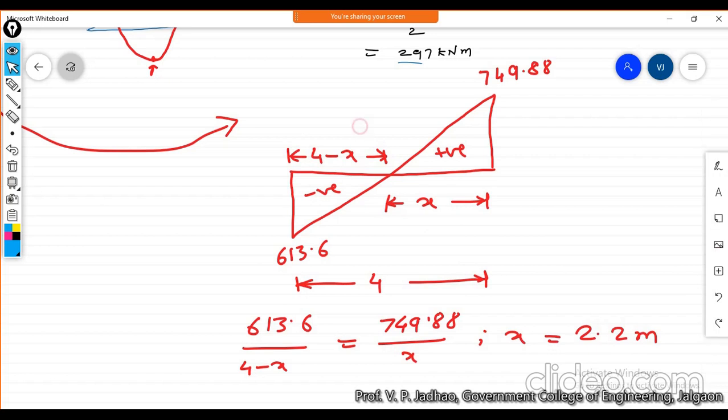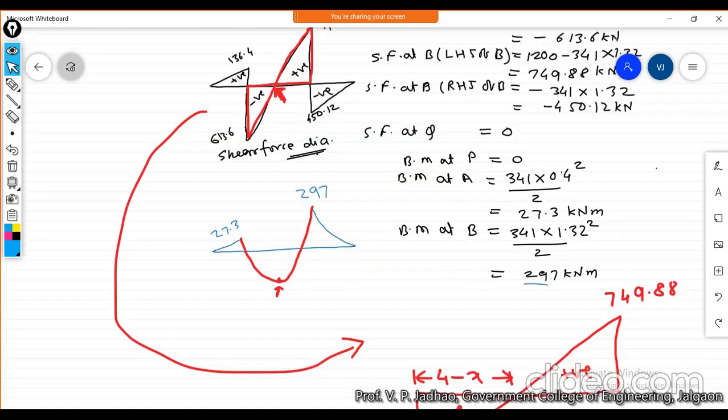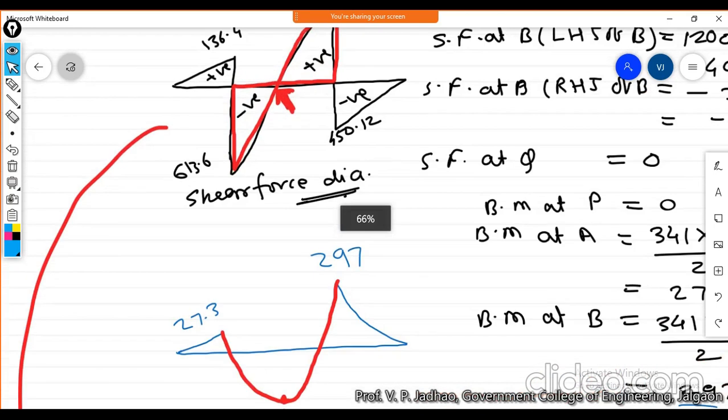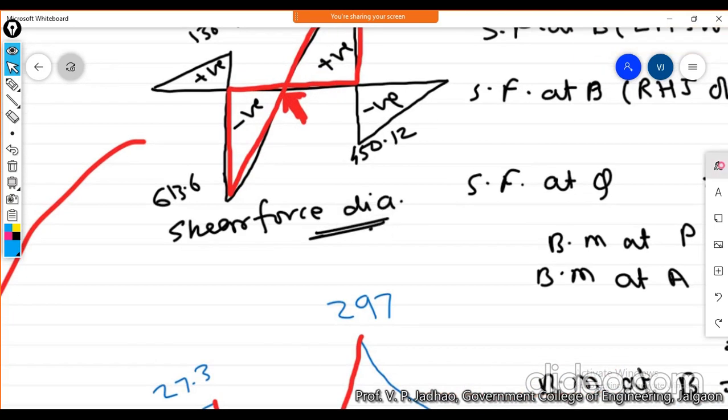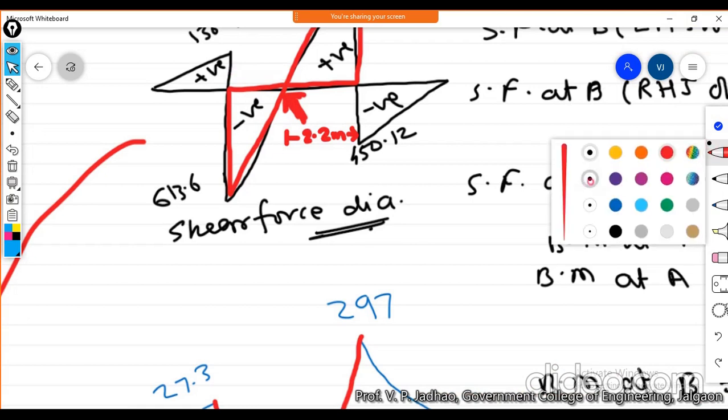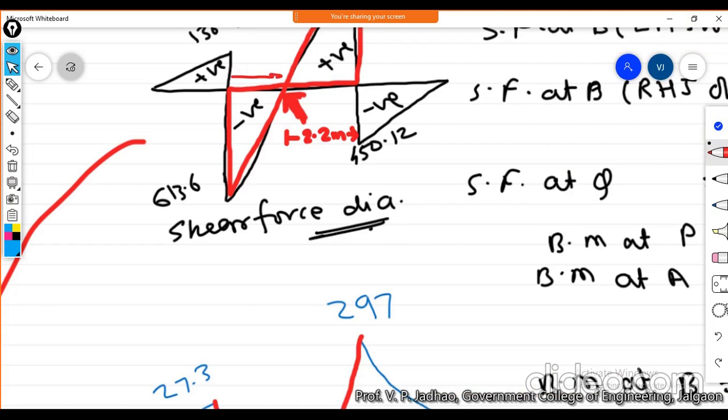Therefore the point of maximum bending moment is at 2.2 meter, and the remaining length will be 1.8 meter, because total length is 4 meters. Okay, so this is how we have got the point of maximum bending moment.